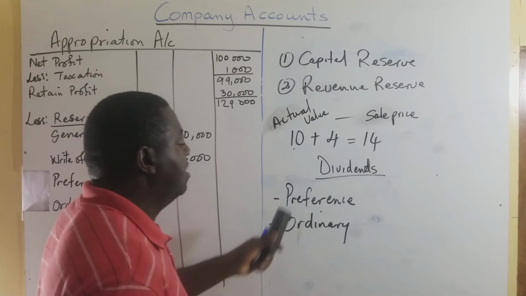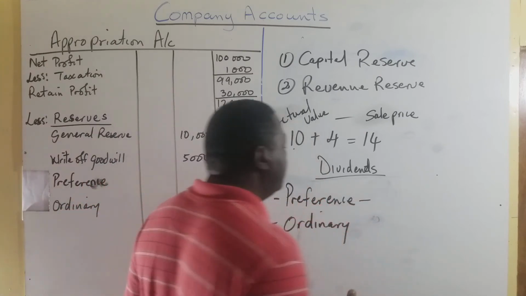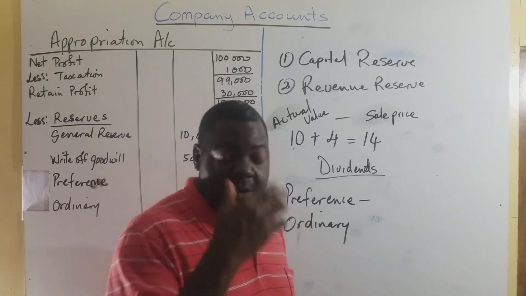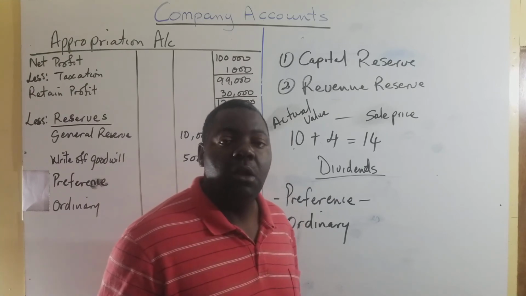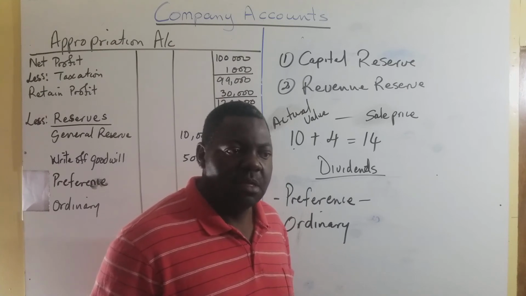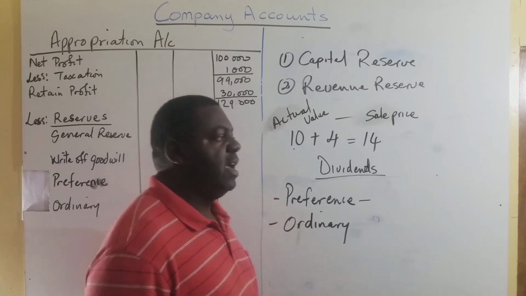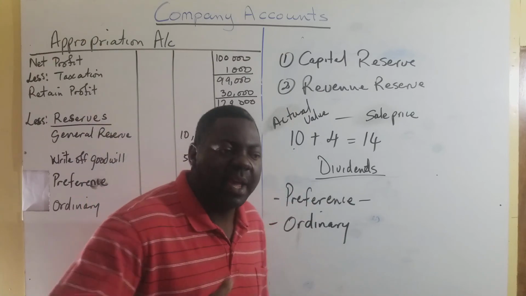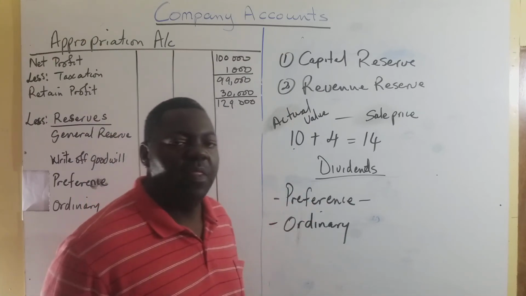Now, preference shares are really those shareholders who are given first call on the profits of the company. All right. So as the word preference means, you are getting before others.